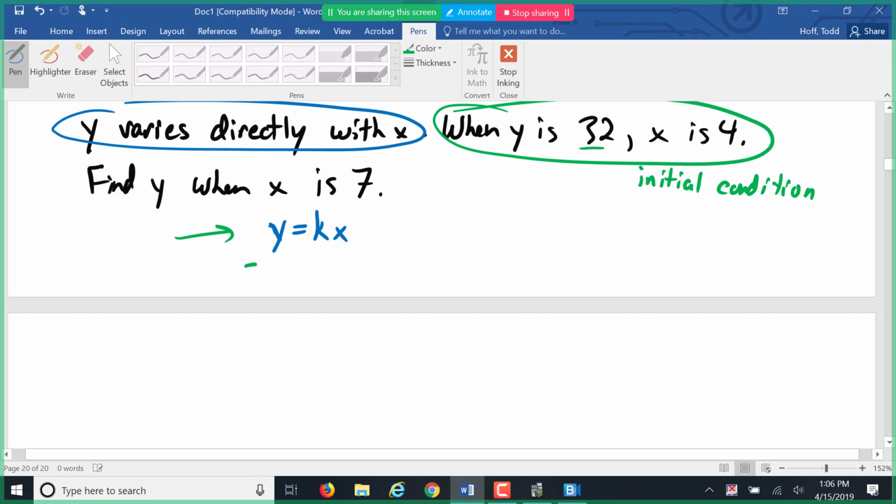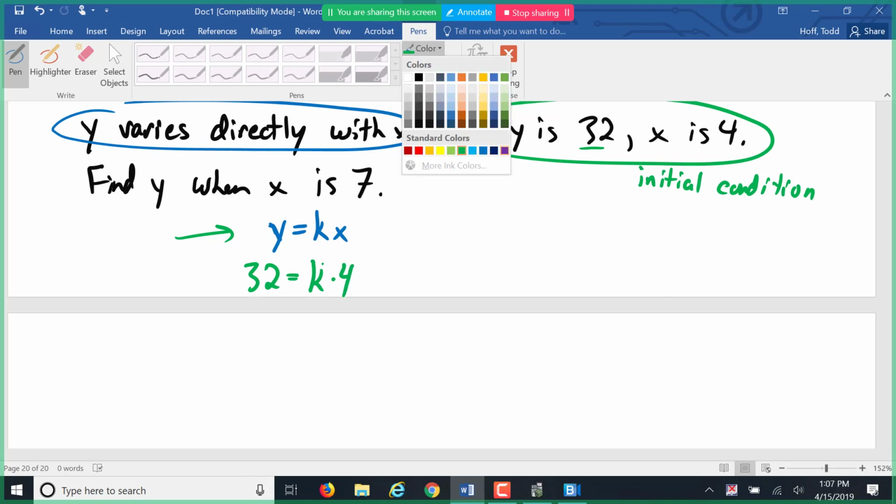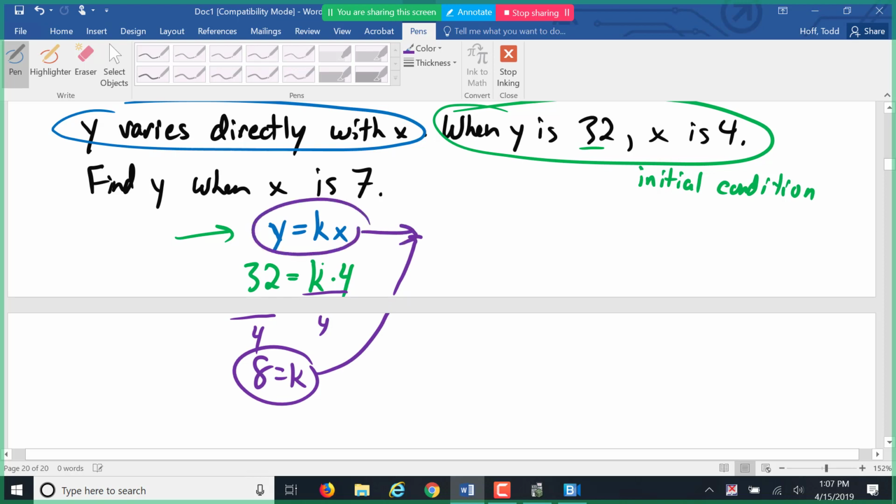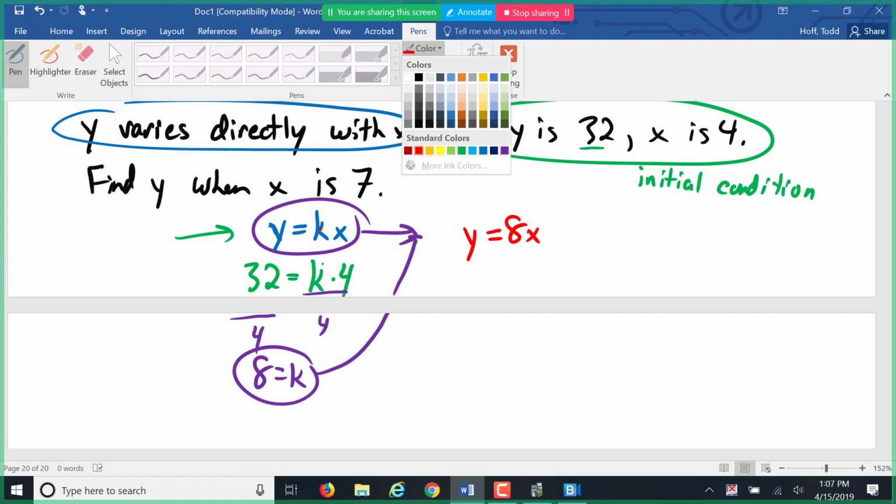So we put 32 in for y, 4 in for x. So 32 equals k times 4. Now we solve. We'll divide by 4 to get that 8 equals k. So we combine that with our original form. We put in 8 for k, y equals 8 times x.